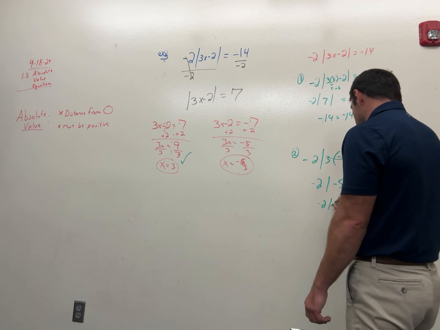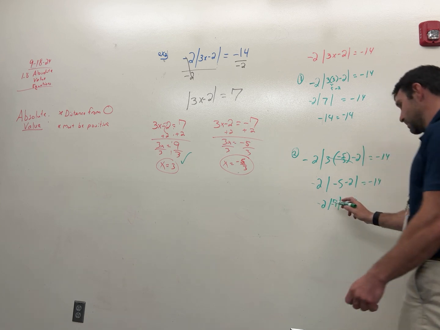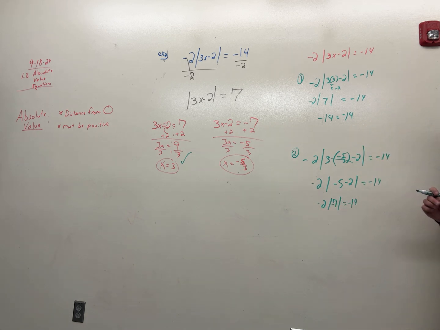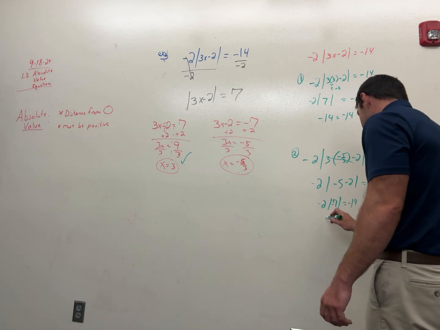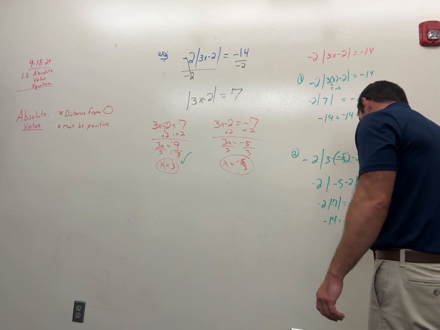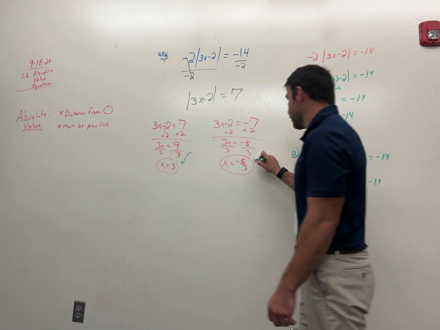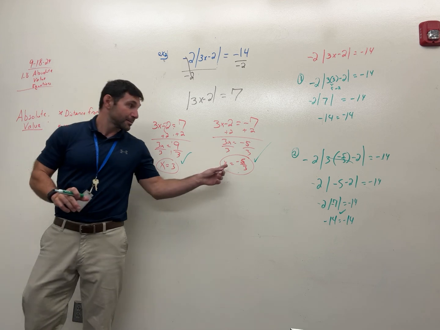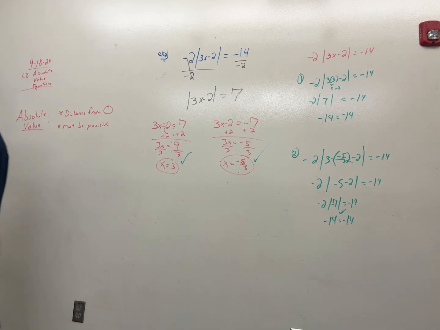This gives me negative 2, negative 7 equals negative 14. Absolute value of negative 7 is 7, so 7 times negative 2 is negative 14. Oh, that works. So both of these work, but fractions are harder in this calculator. If you had the real calculator, it would be easy just to substitute in.